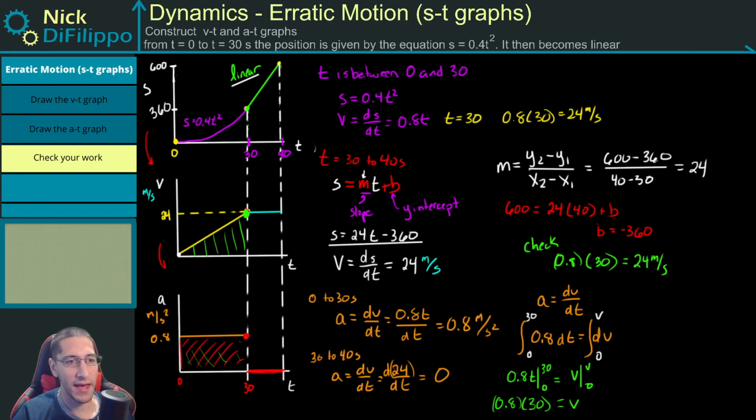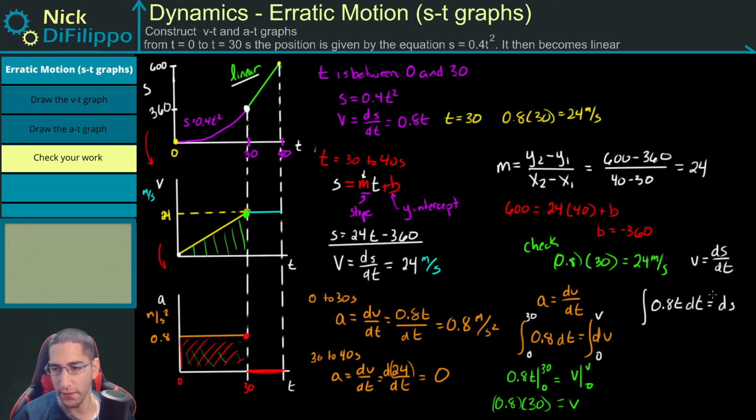I can do the same thing with this triangle right here. I can say that the function of my line right here is 0.8t. And what is this point right here? I should get 360. So 0.8t dt is equal to ds, right? v is equal to ds/dt.